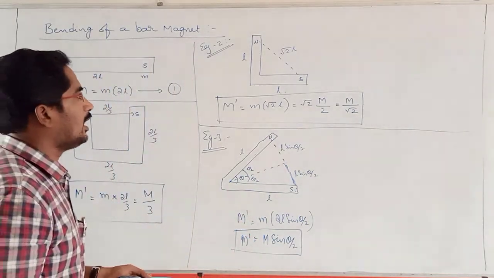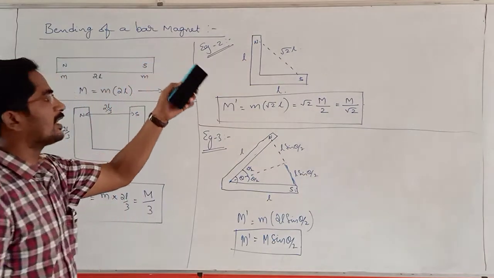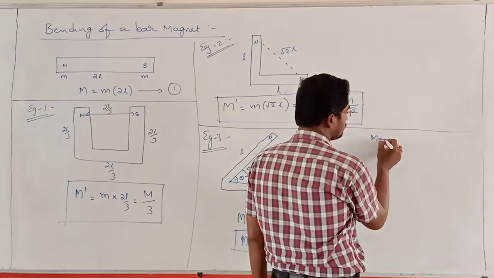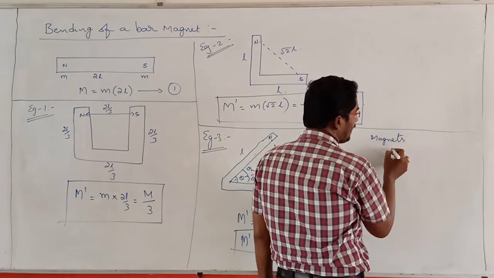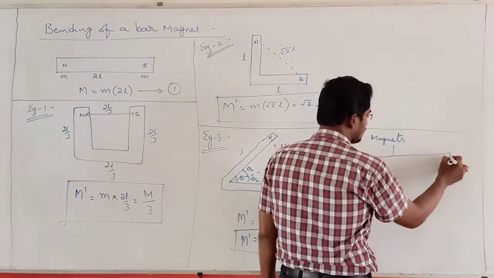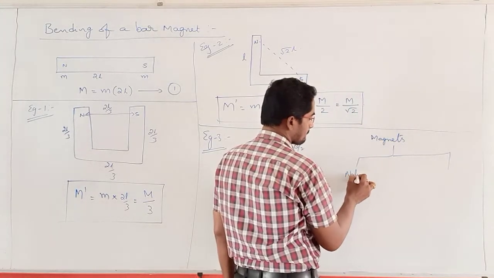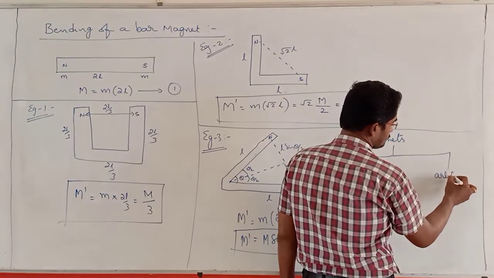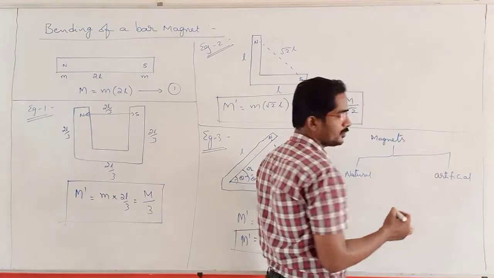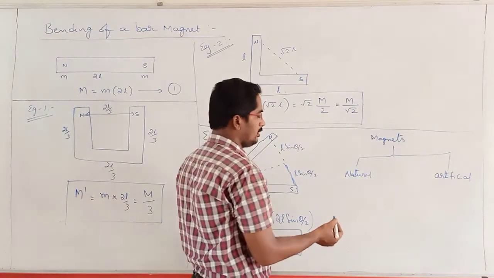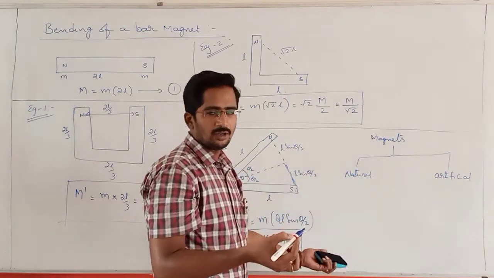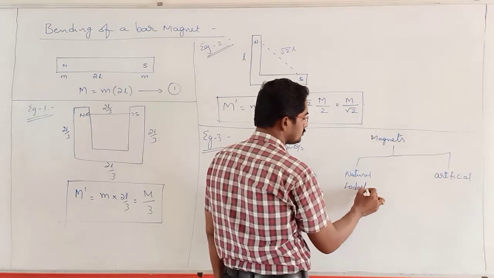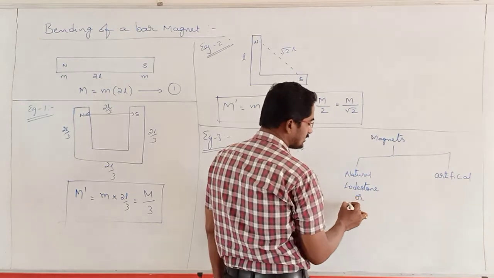Okay. Now let's see inclination of bar magnets. And one thing regarding magnets, I want to tell you one point here. Magnets are basically of two types: natural and artificial. Natural means whatever is available underground, that is called lodestone or leading stone.